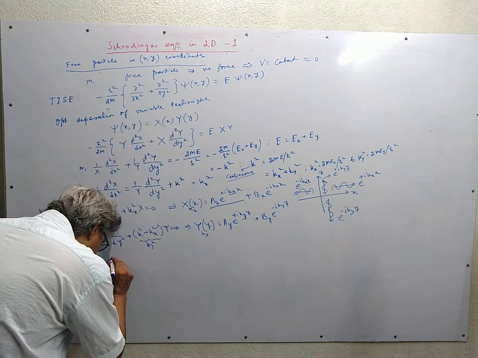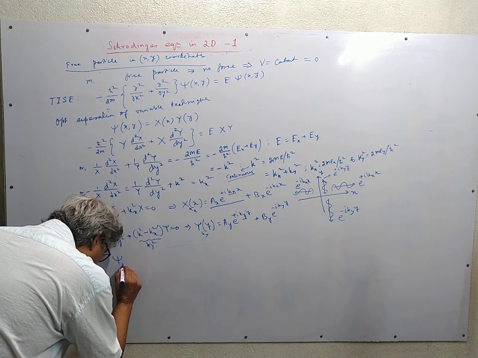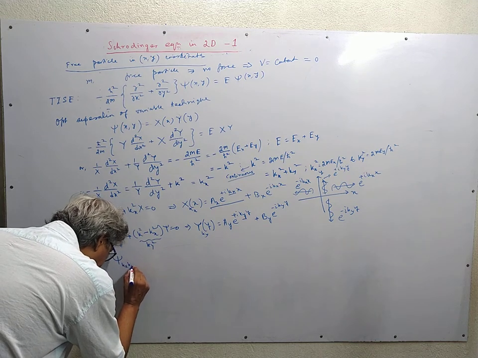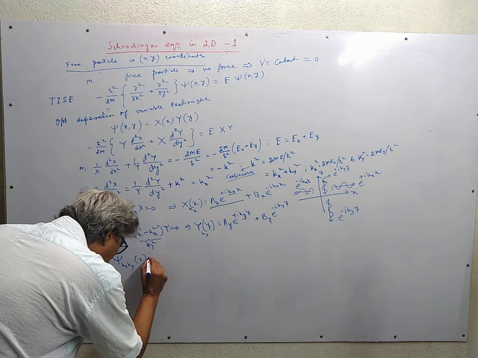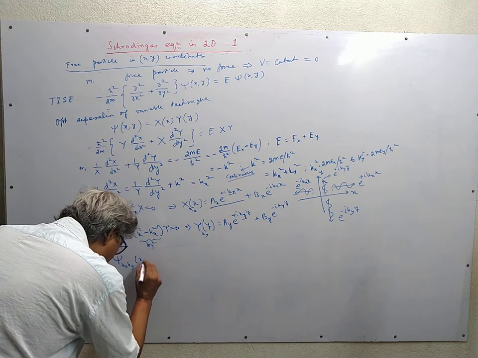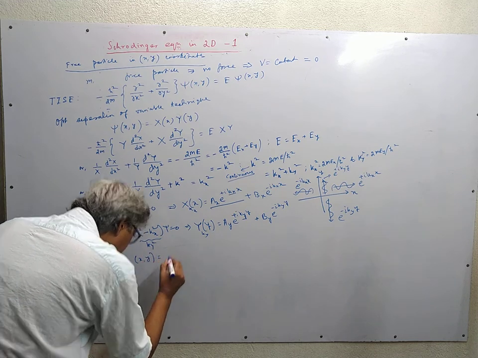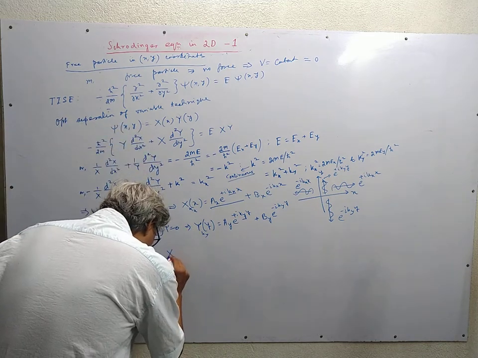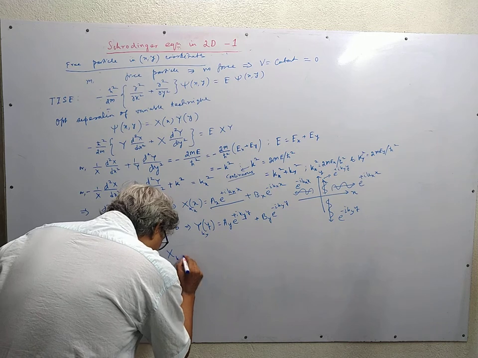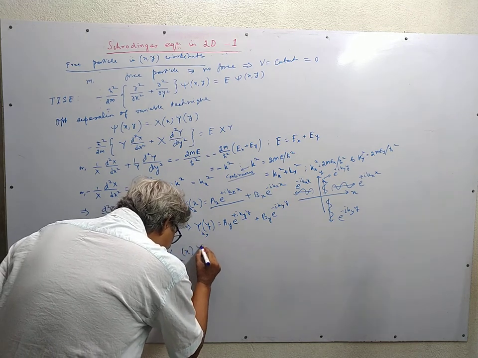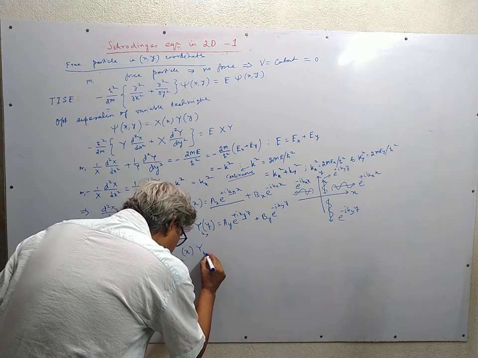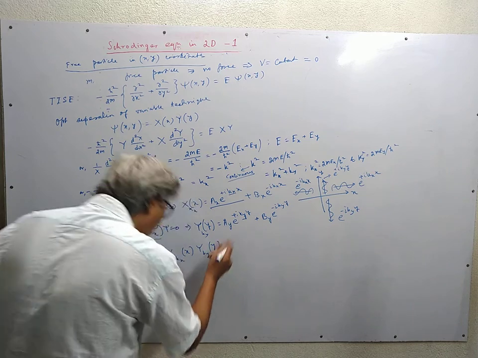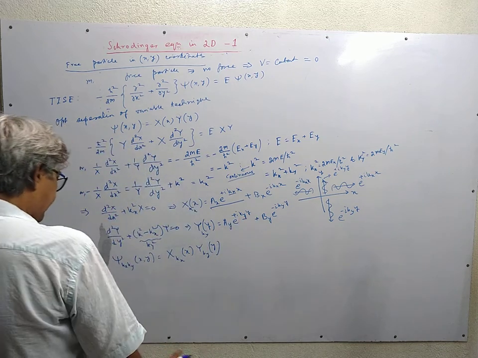So the wave function becomes psi, depending on the wave vectors kx and ky, with some normalization constants. And on putting this value we get the result.